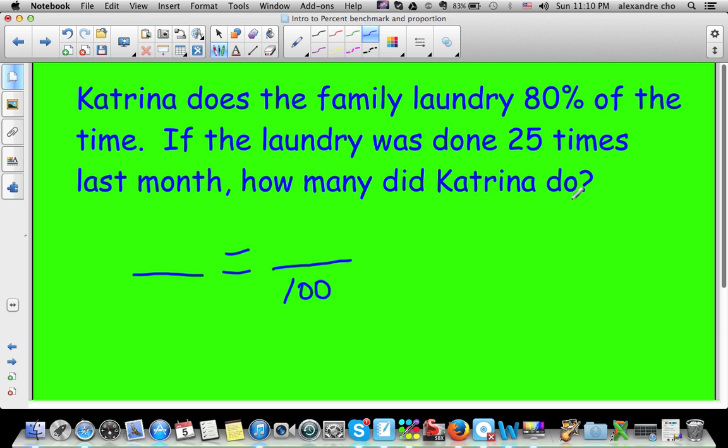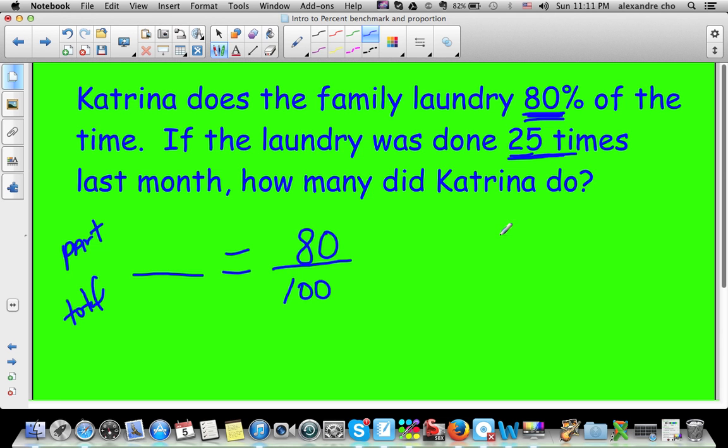So 80%, you were given a percent here. Remember, percent. So it's percent over 100. So we know that that number here is given to us. In this case, we write 80. On the other side, remember the top one is part, and the bottom is total. And you have this number over here, 25 times.